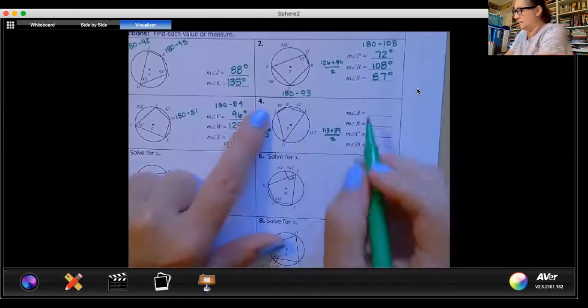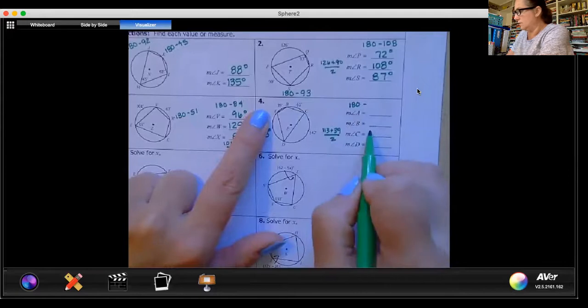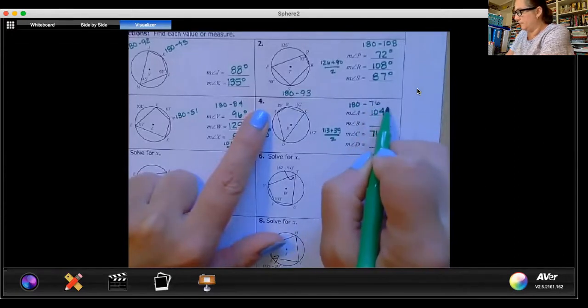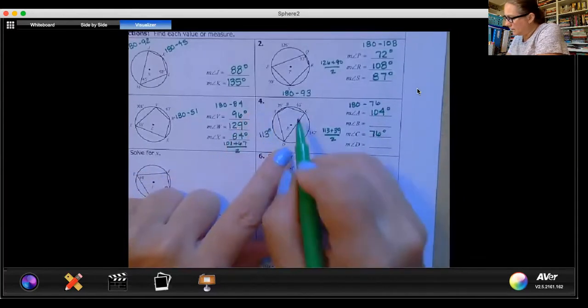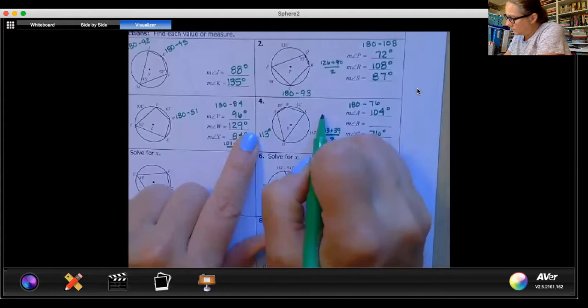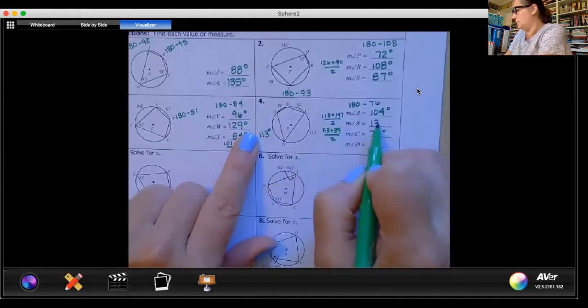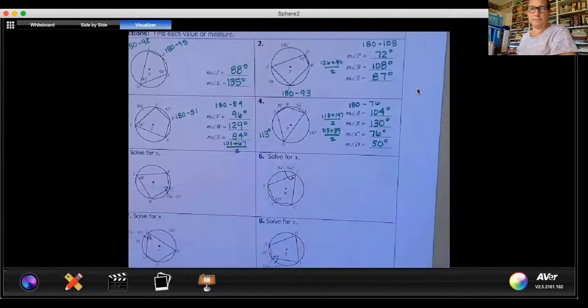And then opposite C is A, so that'll be 180 minus whatever this value is, which is 76. So that's 104. And then to find B, it would be these two. So 113 plus 147 divided by 2, which is 130. And then that means angle D would be 50.